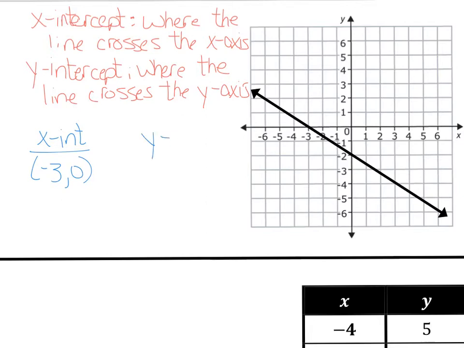The y-intercept is where the line crosses the y-axis. So we look here, it crosses the y-axis at this point right here. What are the coordinates of that point? 0, -2. So finding the x and y intercept from a graph is very easy. You look, you find where the line crosses the x-axis and where the line crosses the y-axis.